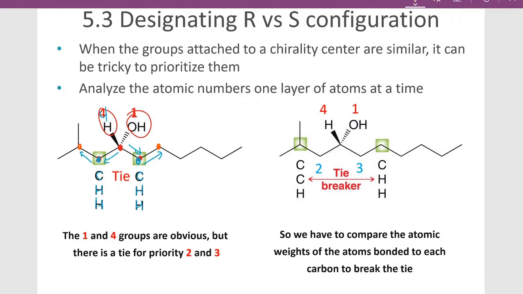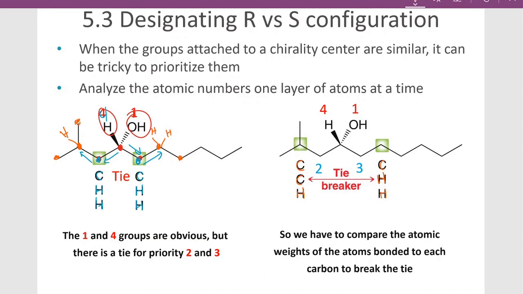As you can see here on the right, this carbon has carbon, hydrogen, hydrogen attached to it, and this carbon has carbon, carbon, hydrogen. So we've got carbon, hydrogen, hydrogen versus carbon, carbon, hydrogen.